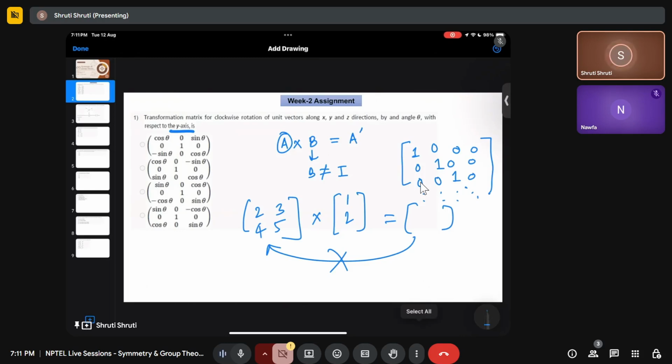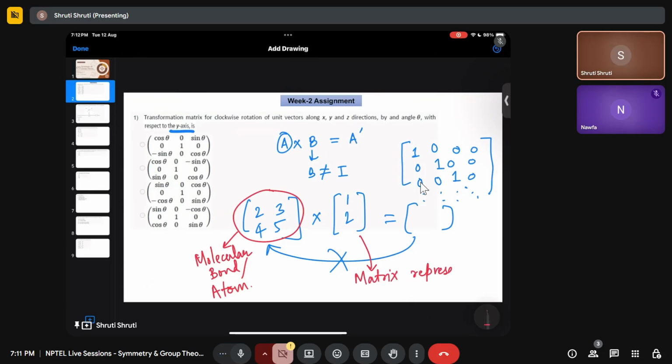We consider this as your molecule. So we have to represent the molecule, or the bonds, in terms of some matrix. Suppose this is your molecular bond or atom, and this is the matrix representing a symmetry element.